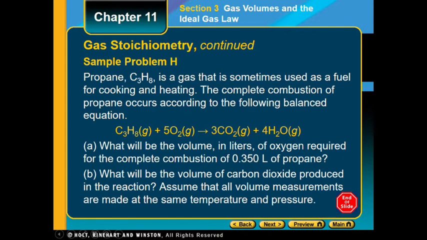The other question, part B, what will be the volume of carbon dioxide produced? And assume that all volume measurements are made at the same temperature and pressure. So if you have 0.35 liters given of your propane, and now it's asking for carbon dioxide, I'm going to briefly go right up here.